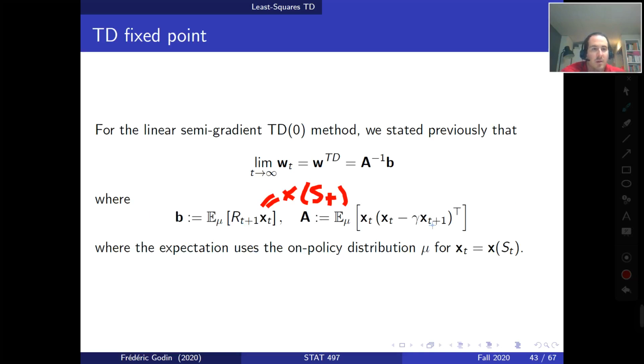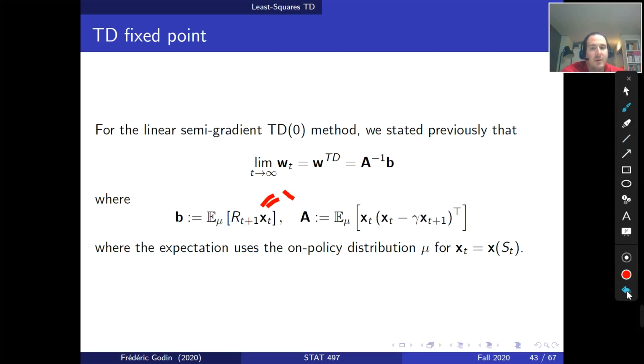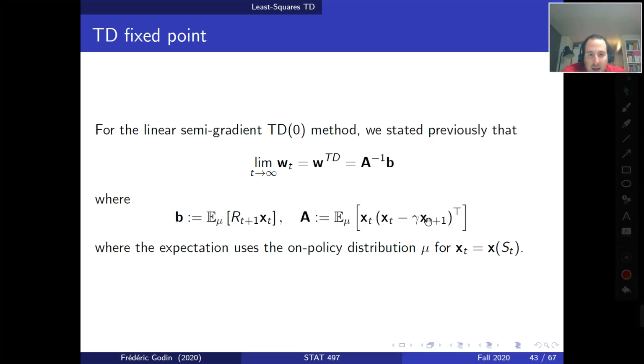Okay, so now we know the TD fixed point, and we might wonder: if we know the value of the TD fixed point, why do we want to apply the TD0 algorithm? Why not directly estimate b and A according to these formulas? So why do we apply a semi-gradient approach?